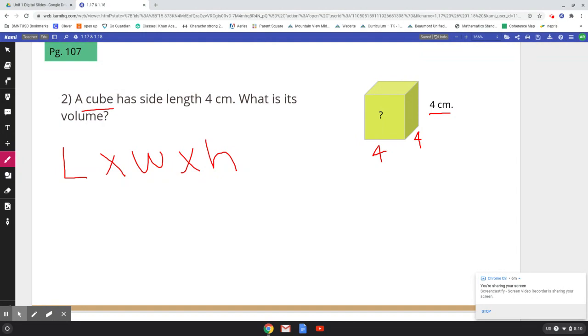And then you would get 64. So 4 times 4 times 4 is 64. So notice that when I cube it, I find the volume. And I just do the length times the width times the height. That is how we find volume.